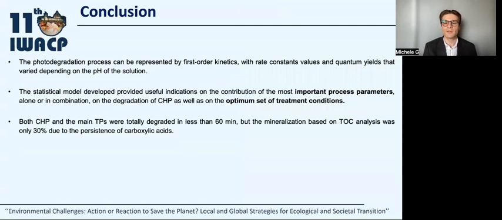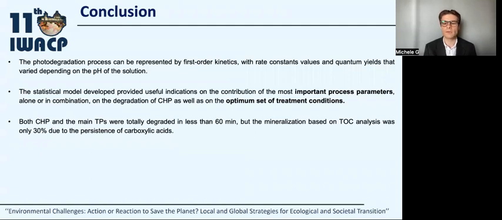In conclusion, the main findings of this study are that the photodegradation process can be represented by first-order kinetics, with rate constant values and quantum yields that varied depending on the pH of the solution.